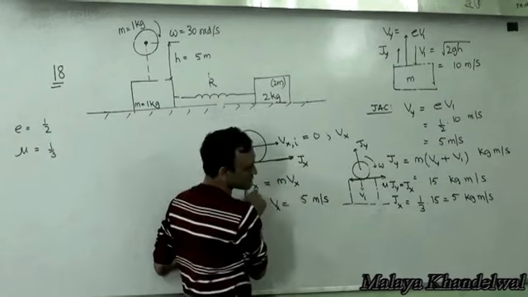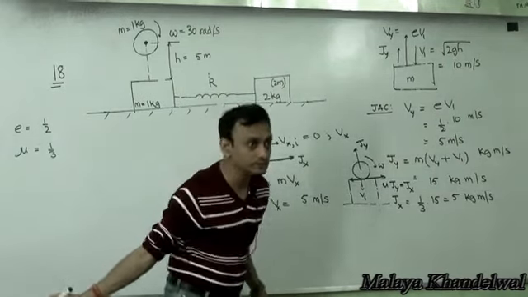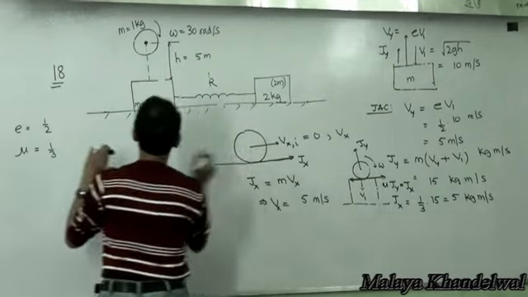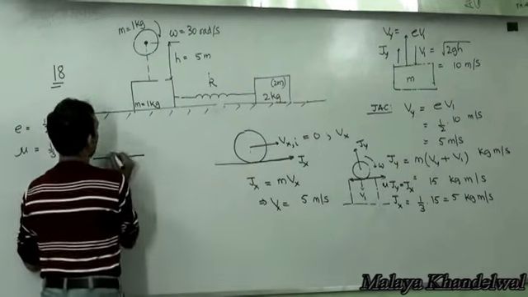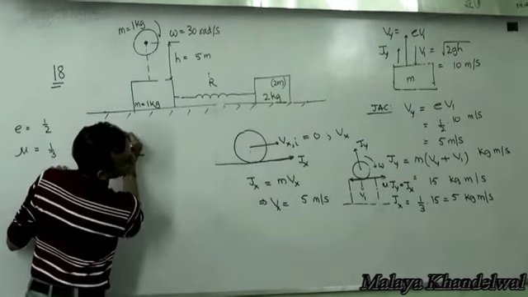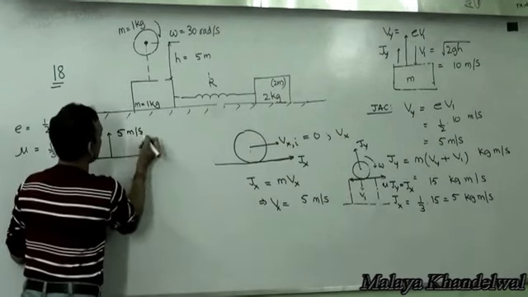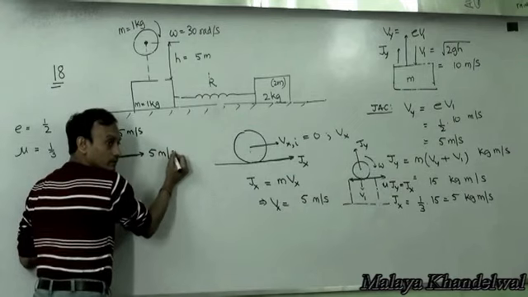This is 1 kg, this is 5. So then this mass just after the impact had a vertical velocity of 5 meters per second and a horizontal velocity of 5 meters per second.